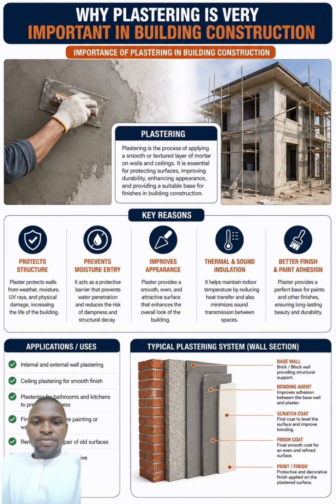So to actually insulate these thermal sounds, you have to do a bit of plastering. Even the plastering thickness matters too. Because when you do your plastering, it helps in reducing heat transfer, and also minimizes the transmission between spaces. That is the sound transmission between spaces.